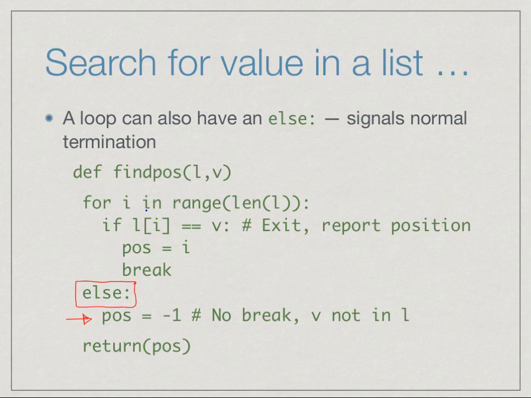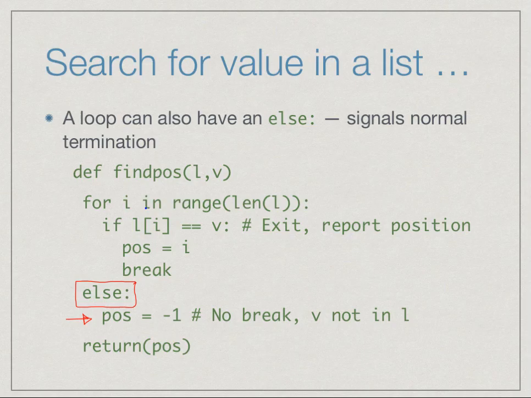So if you see an else attached to a for, it could also be attached to a while, it means that the while or the for terminated in the natural way. Either the for iterated through every value that it was supposed to iterate through, or the while condition became false. If it was, on the other hand, aborted by a break statement, then the else will not be executed.